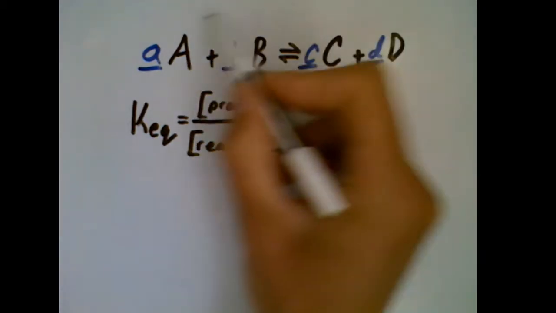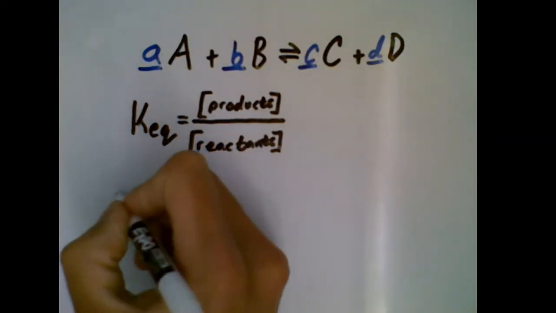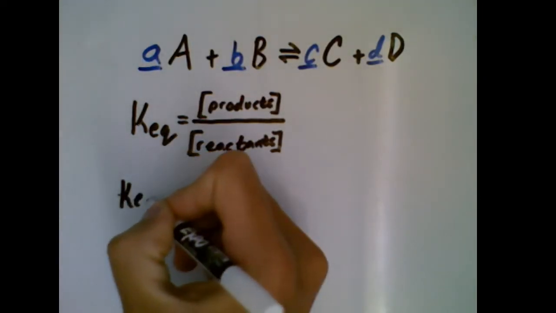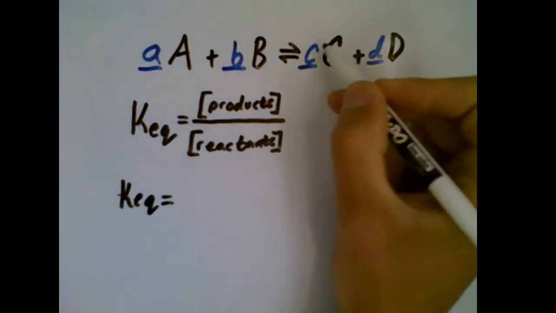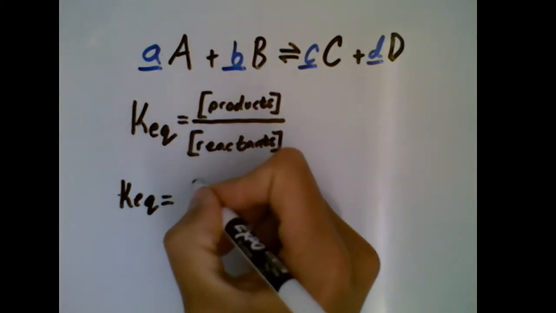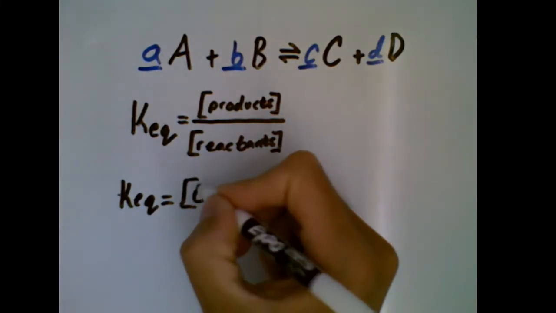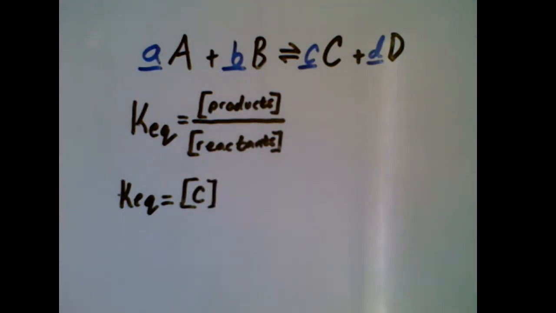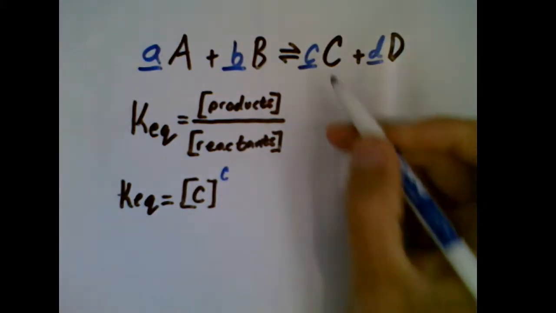So what I wanted to do is show you how we would actually set one up for this equation right here. We would take the KEQ, and then we would take our products. That's substance C. We would find the concentration of substance C at equilibrium, and then we're going to raise it to the power of its coefficient.